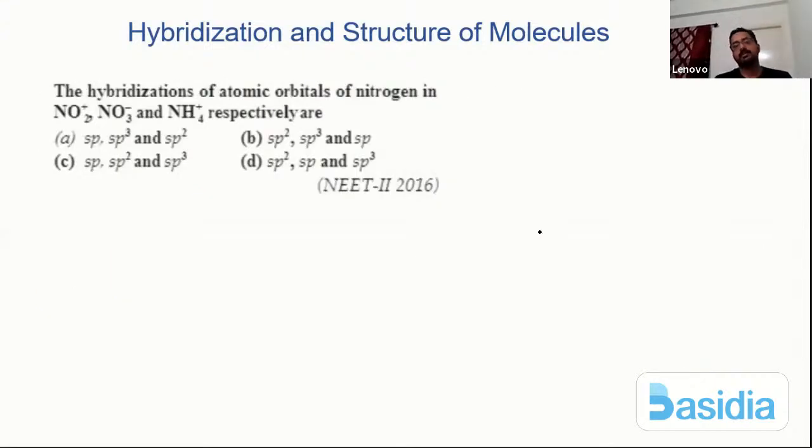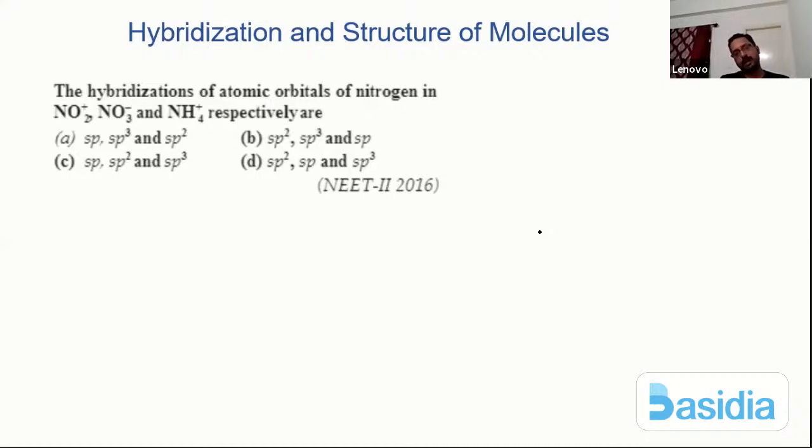Right, interesting question. The hybridizations of atomic orbitals of nitrogen in NO2 plus, NO3 minus, and NH4 plus respectively are.